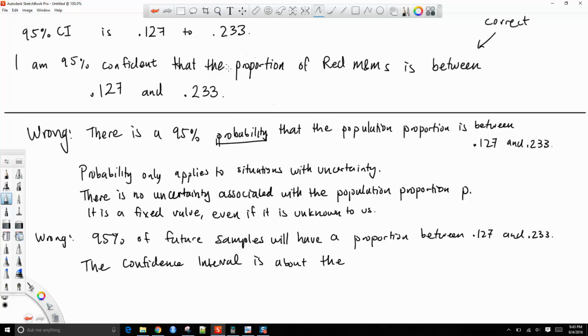Maybe I should stick in the word population here. It's about the population proportion P. It's not about P hat. It's not about anything else.